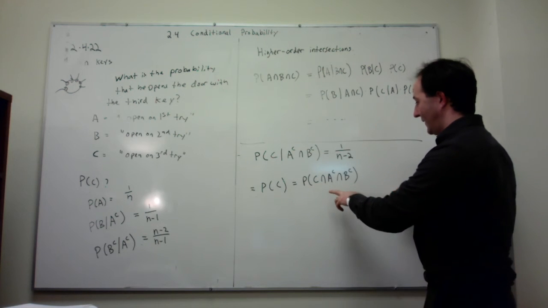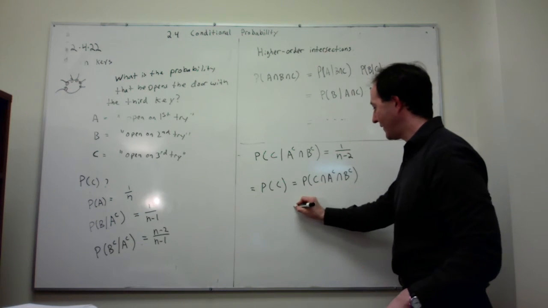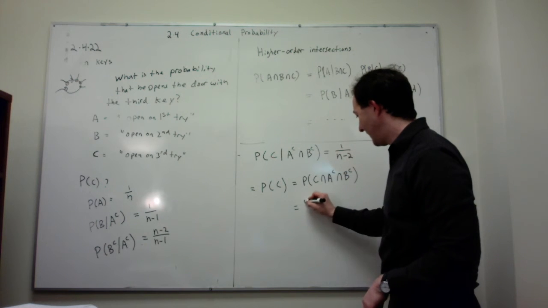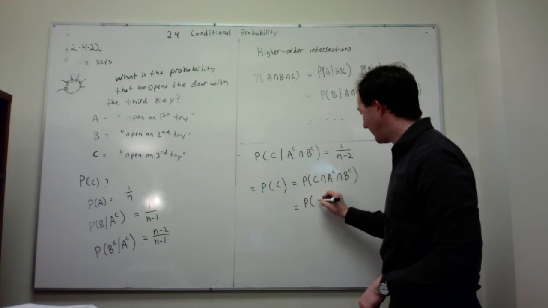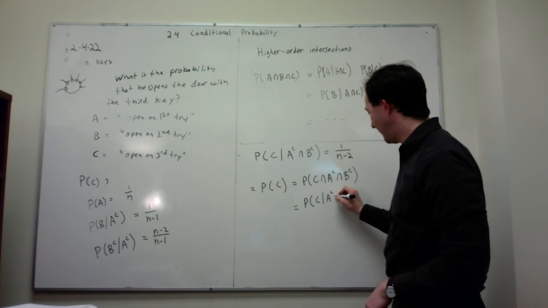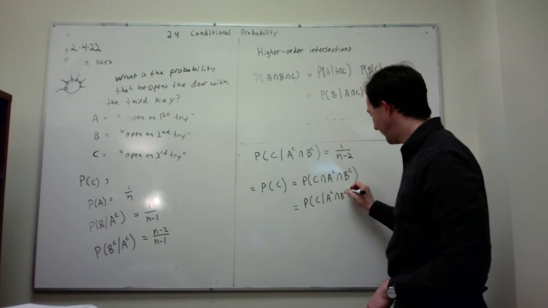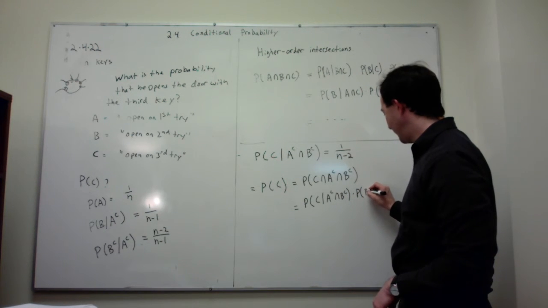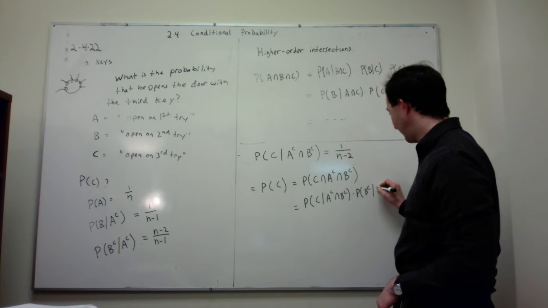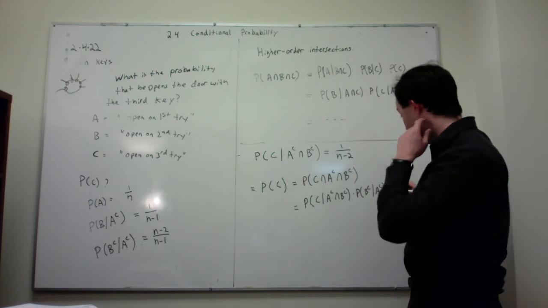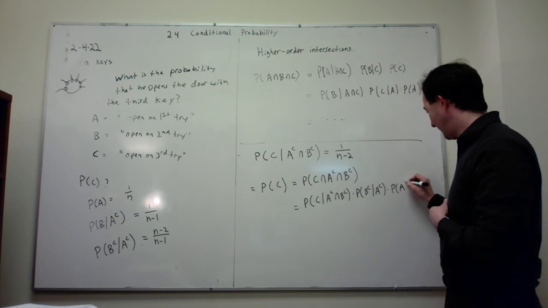So I can write this, and now I can factor using this type of higher order intersection to say this is the probability of C conditioned on A complement intersection B complement, times the probability of B complement conditioned on A complement, times the probability of A complement.